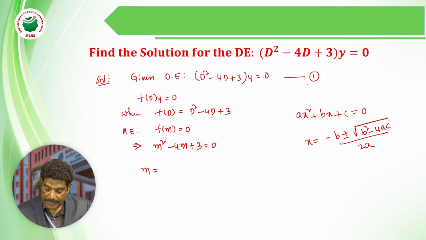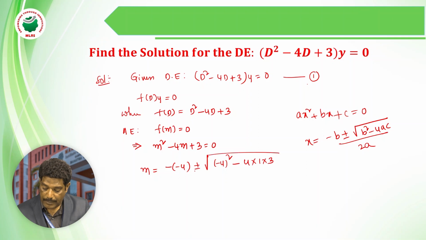Next, using this formula, how do we solve this? m equals minus of minus 4, plus or minus square root of (minus 4) whole square minus 4 into 1 into 3, by 2 into 1.